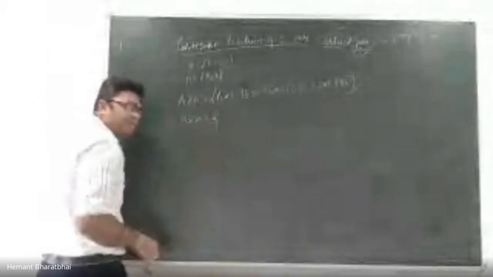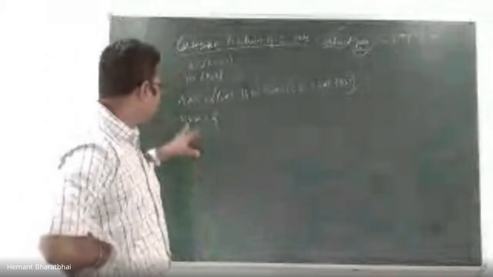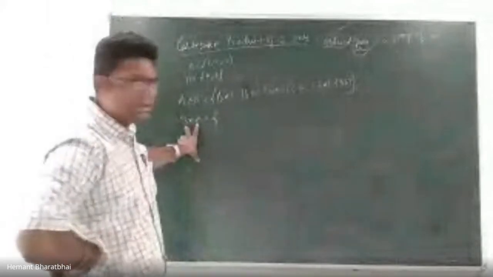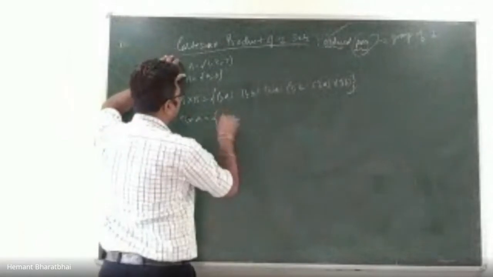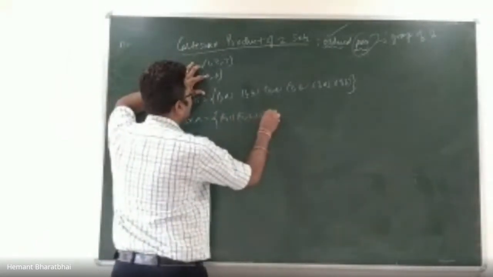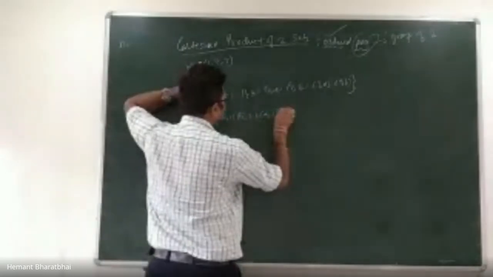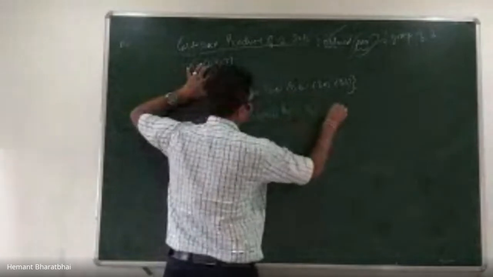Suppose I write B cross A, which means again I set the order. This time the order is: first I'll write the elements of B and then the elements of A. So it will be A comma 1, A comma 2, A comma 3, then B comma 1, B comma 2, B comma 3.